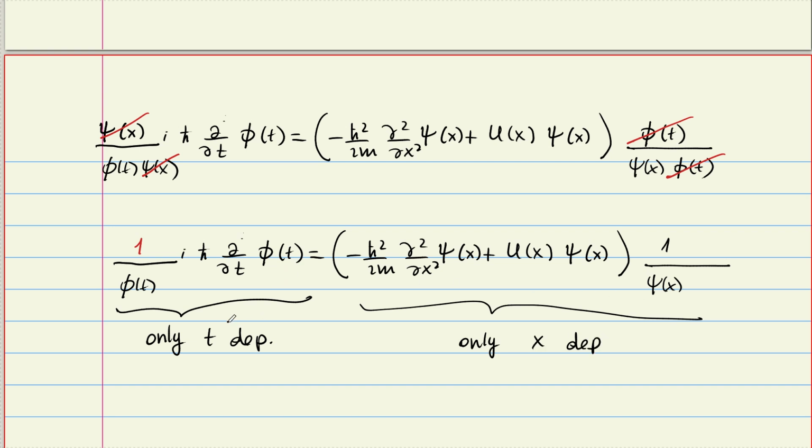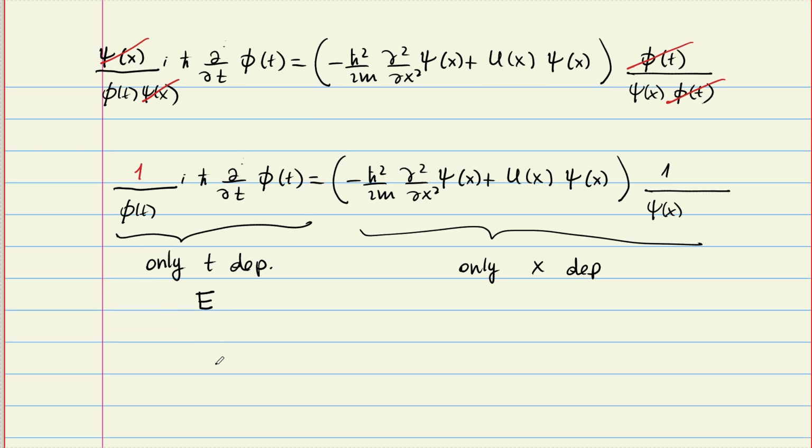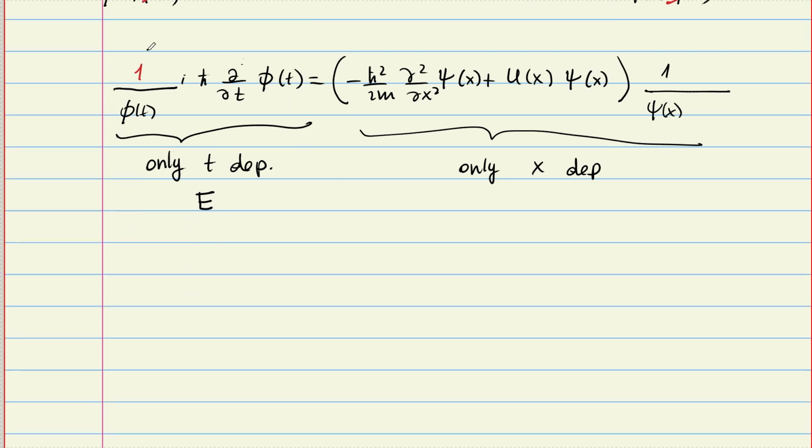Then the left hand side is a constant for the right hand side, and the right hand side is a constant for the left hand side. And we should better give this constant a name, and a reasonable name would be E. Then let me write this equation. So this equation is equal to E. That means I can just carry this guy to here.